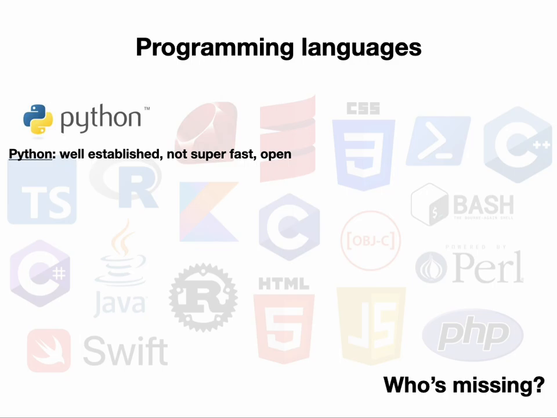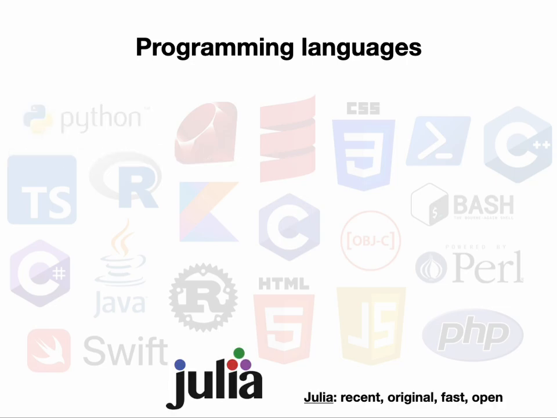So what's missing in the list? Of course, I guess you identified that the missing one is Julia. Julia is very recent, so it's a new language. It's not very well established, but it is spreading very fast in the scientific community.